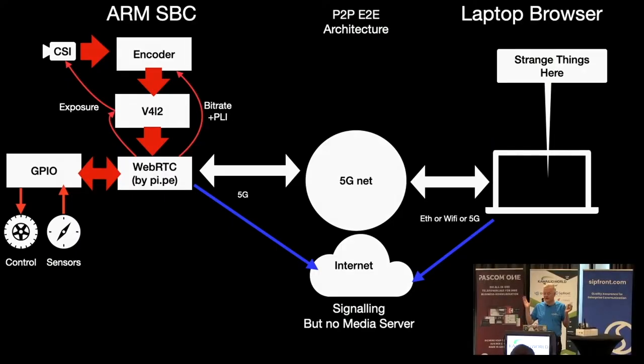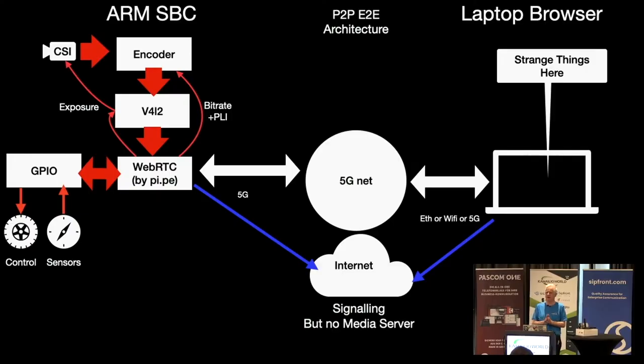So this is the context for the architecture we're talking about. You've got an ARM SBC running our WebRTC stack, talking to the camera and a few other sensors, and then sending that over pure WebRTC over the 5G network, peer-to-peer to a laptop browser. The only thing we're doing in the cloud is the signaling.